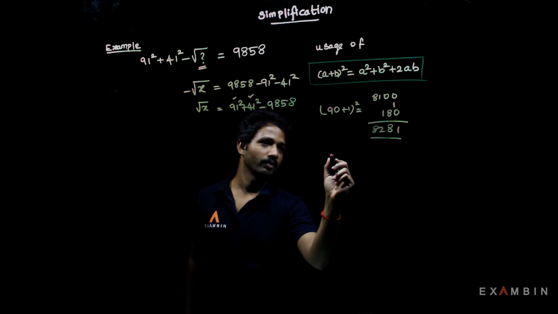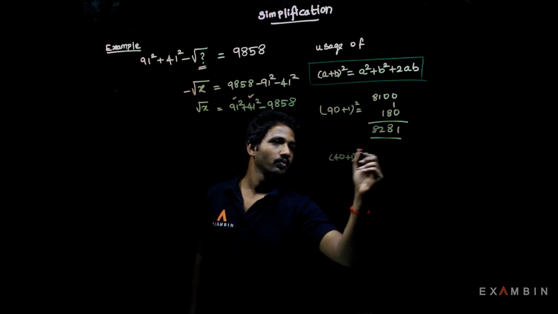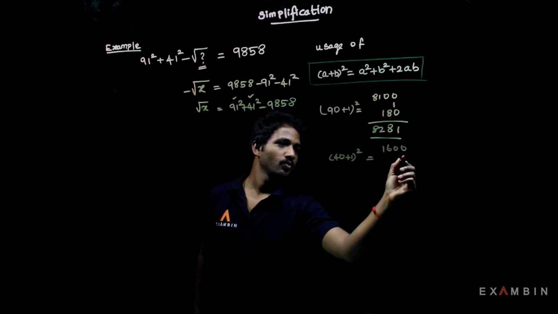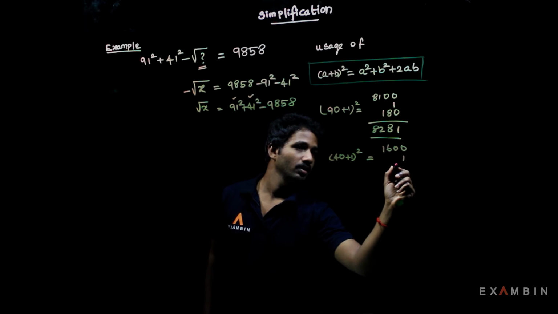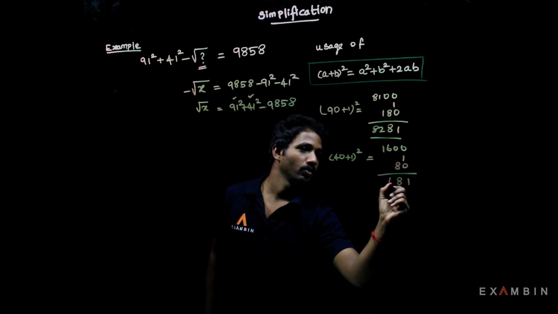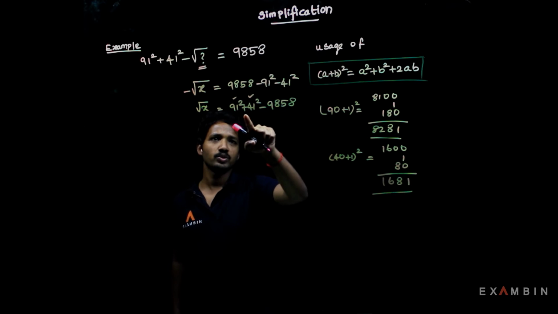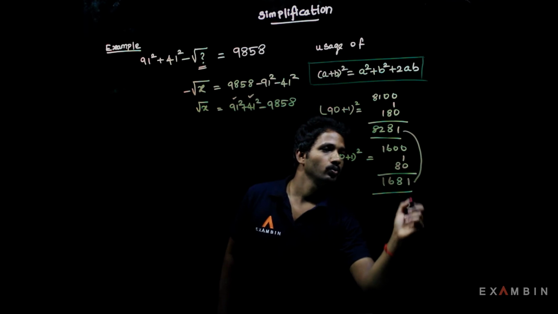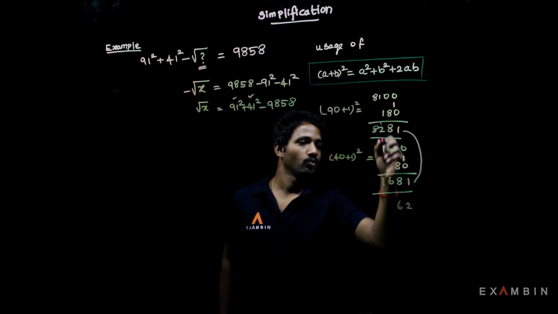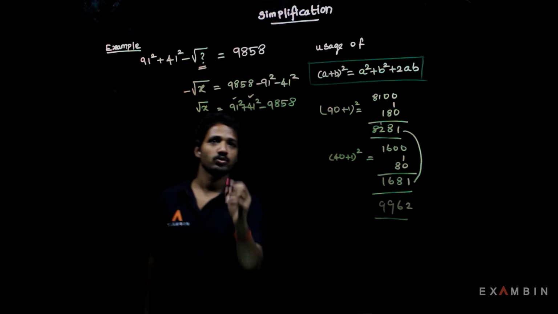And we need to find the 41 squared value. 4 squared is 16, so 1600, 40 into 2 into 1, 80, 1 squared, 1. That is 1681. So here we need to add these two values: 1 plus 1 is 2, 8 plus 8 is 16, carry 1, 8 plus 1 is 9, and then 9962.